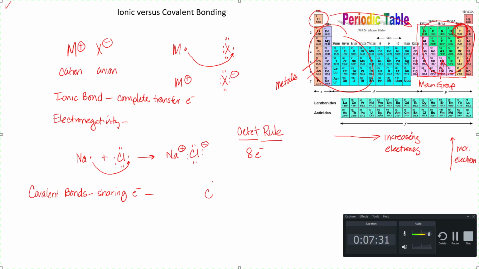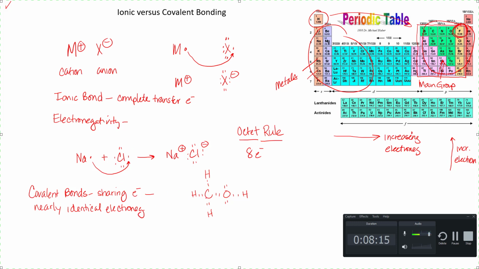So for instance, if I had a carbon with its 4 valence electrons, and we'll talk about drawing Lewis structures in a moment, then my hydrogen atoms would be sharing their electrons, and maybe I bring in an oxygen at this point. Oxygen, as we'll find out, has 6 valence electrons, and maybe put another hydrogen here. So the idea of covalent bonds is that we have nearly identical electronegativities between the elements.